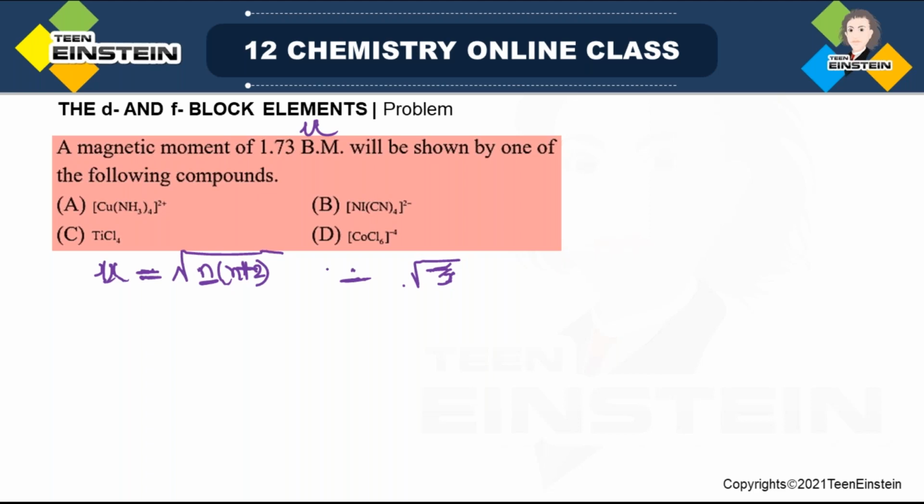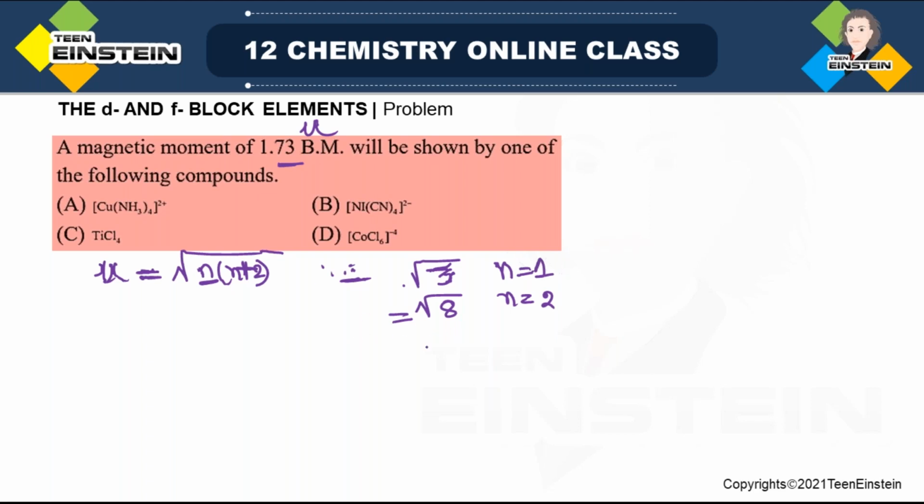Okay. And this is n equal to 1. When n is equal to 2, now it will be root over 2 into 2 plus 2, that means 2 into 4. So this is root 8. Okay. Now root 8, it will be greater than 1.73, right?